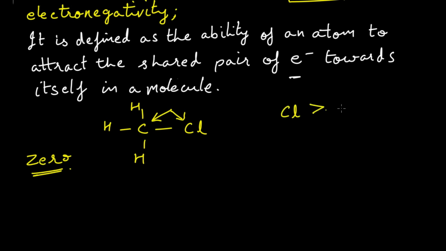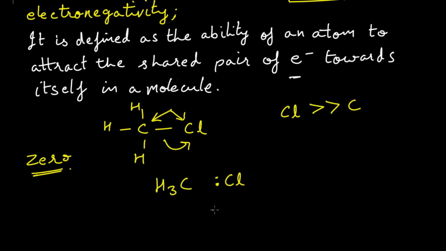Electronegativity of chlorine is much greater than that of carbon, which means the shared pair of electron will shift more towards chlorine. So the molecule will kind of look like this, right? The electrons will shift towards chlorine.